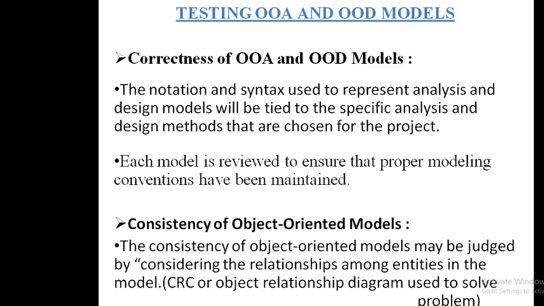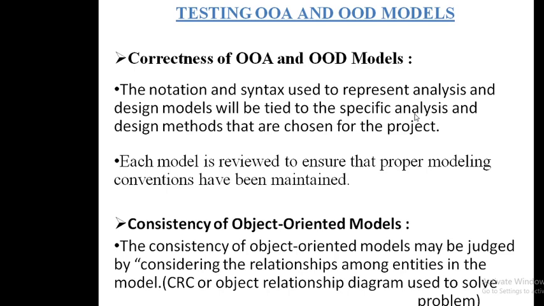So when you come to the correctness of object oriented analysis and object oriented design models, how can we maintain correctness in analysis and design models? By using the notations and syntax. That means the notations and syntax used to represent analysis and design models will be tied to the specific analysis and design methods that are chosen for the projects.